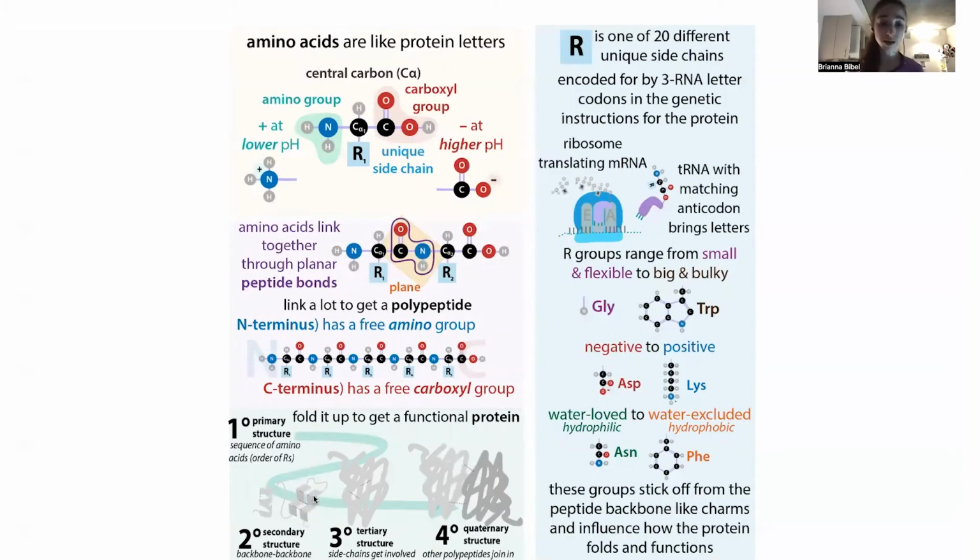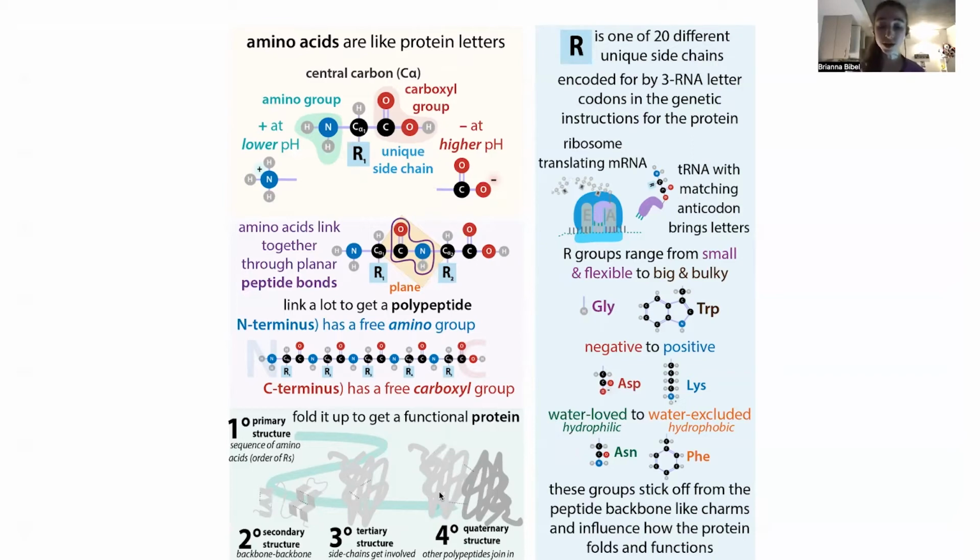Then they fold up, you get the secondary structure. This involves interactions between the backbones. Then the side chains get involved and you have further interactions. You get the tertiary structure, which is going to be a single chain of a protein that's folded up through interactions involving both the backbone as well as the side chains.